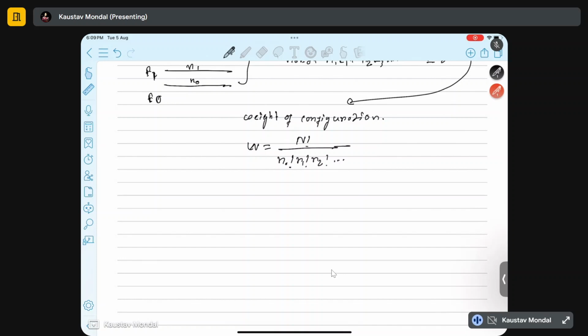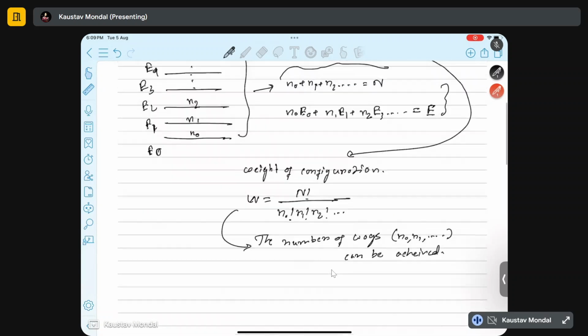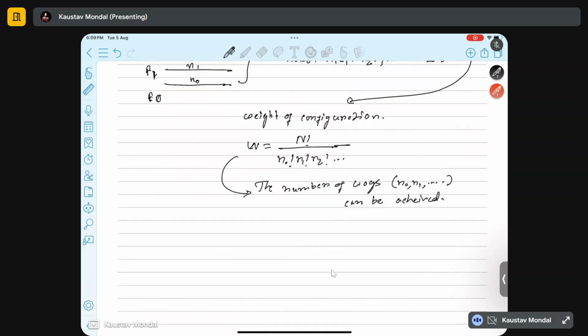Basically W is the number of ways this particular configuration can be achieved. This is the weight of configuration that we discussed in the previous class.